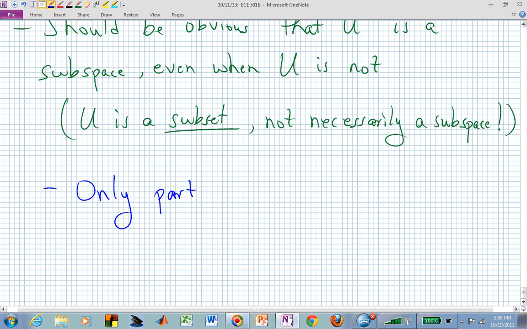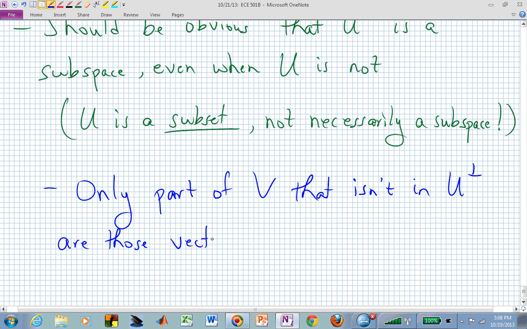The only part of our vector space V that isn't in U perp are actually those vectors that are perpendicular to all vectors in U perp.